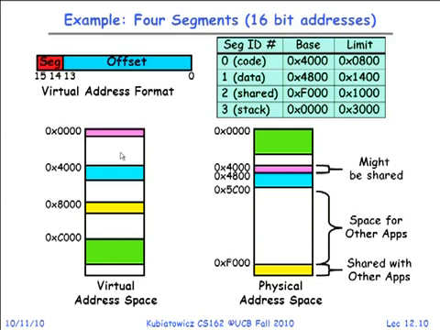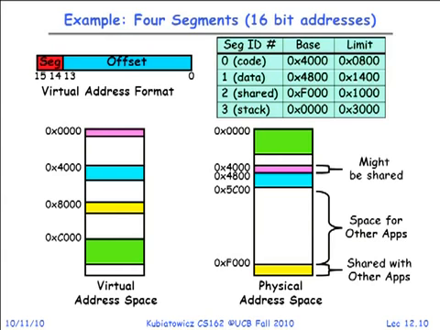If we're up in here, first of all, when we take our address, the top 2 bits are going to be 0, 0, so we look up segment ID 0. And we ask, how far are we? The offset is what we get when we remove the 2 bits. It's going to be up here, and that offset will be bigger than 0x0800. Therefore, we're going to call that a fault. So basically, everything in the white chunks here is a segment fault because it's outside of the specified address space.